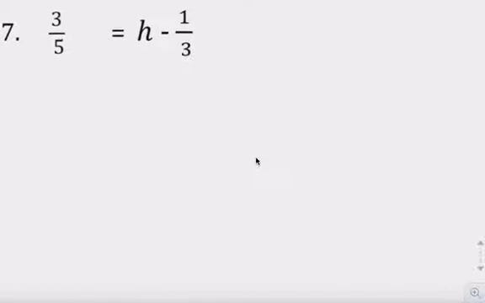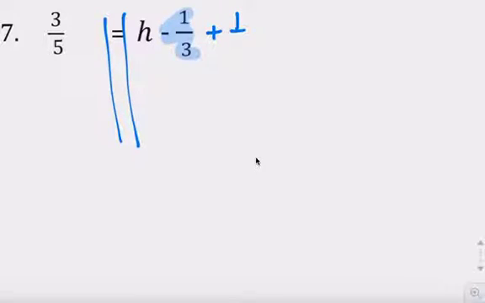Number 7, you need to put negative 1/2, make it equal to 0. So you have to add 1/3, add 1/3 here also. This gives it 0 here.